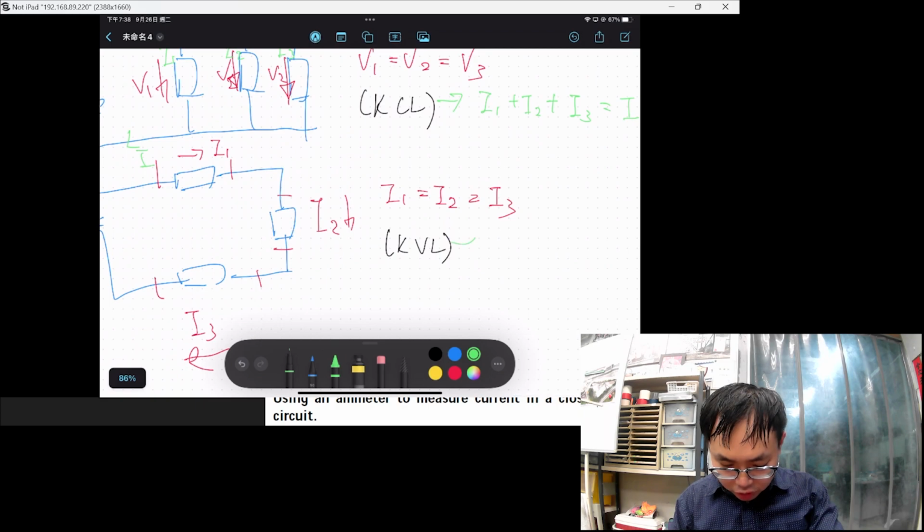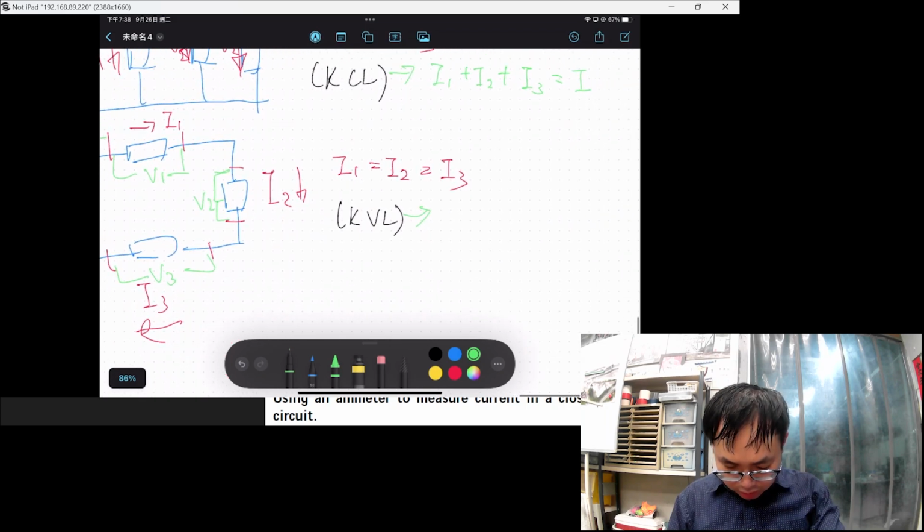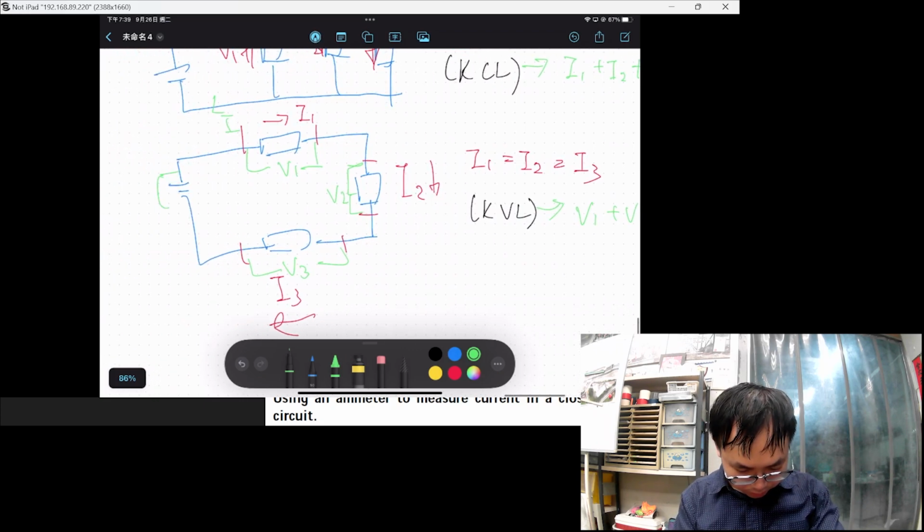And KVL mentioned it like this: this is V1, V2, and this is V3. Let me have a simple illustration of it. V1 plus V2 plus V3 equals V.